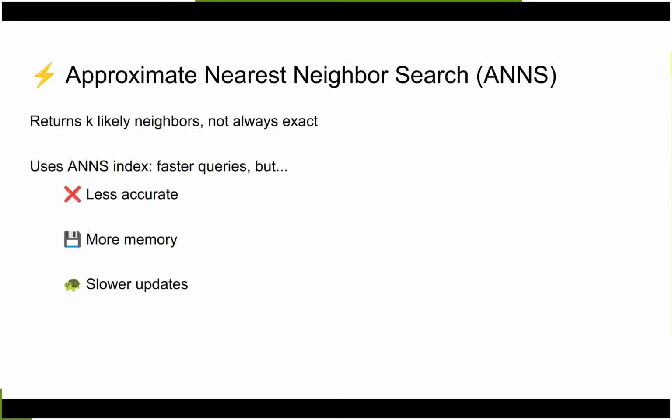So again, approximate nearest neighbor is a solution. It returns the k likely neighbors. It's not always exact, but it usually has very good accuracy. To give you an intuition, people in industry, depending on the use case, use something around 95% accuracy. So it's good.